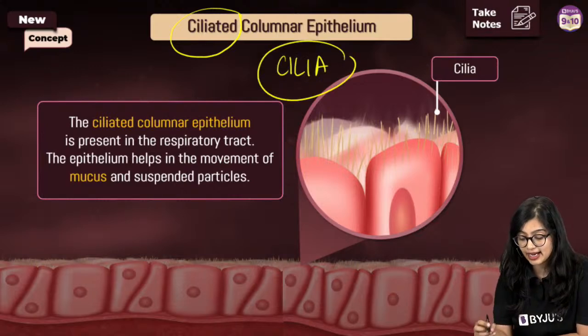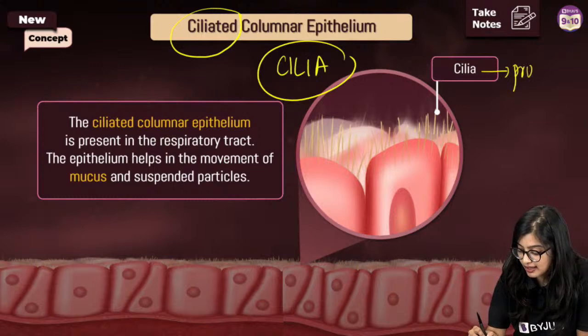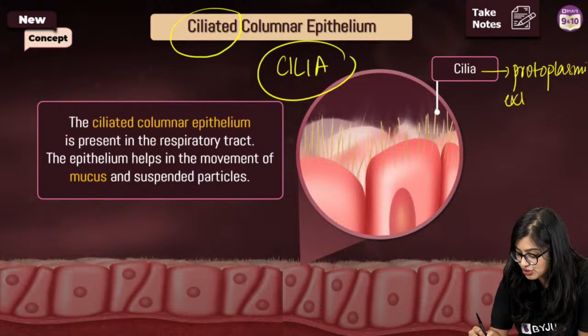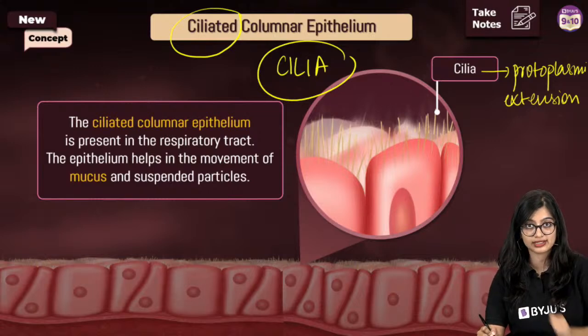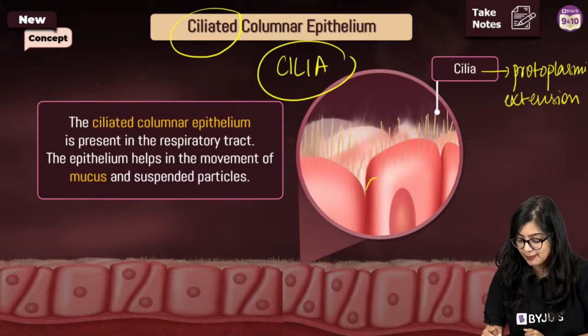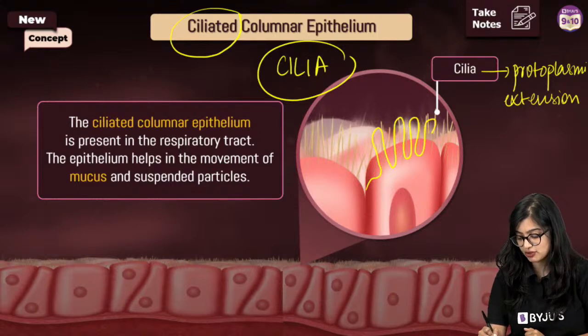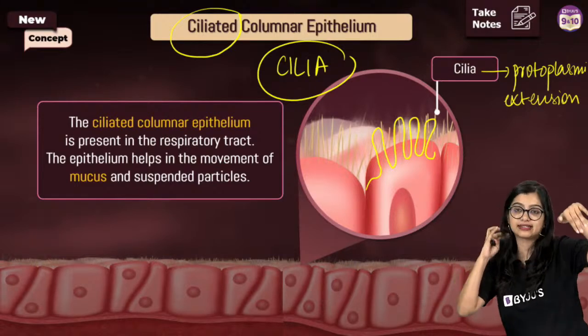Now what are cilia? Cilia are protoplasmic extensions, which means they are not some separate structure sitting on top of the cell. It's a part of the cell which has formed these extensions.